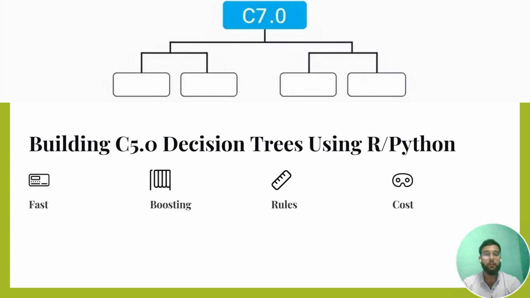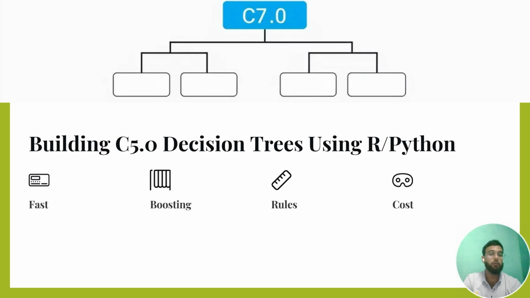So how can we build the C5.0 decision trees using R or Python? Currently the newest version is the C7.0 decision tree, but we'll see C5.0 because it is the more accurate and stable version.